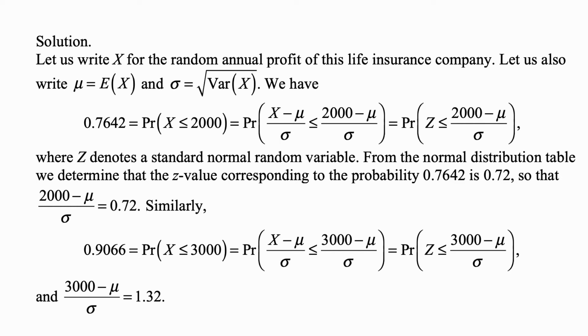From the normal distribution table, we determine that the z-value corresponding to the probability 0.7642 is 0.72, so (2,000 minus mu) over sigma is equal to 0.72.